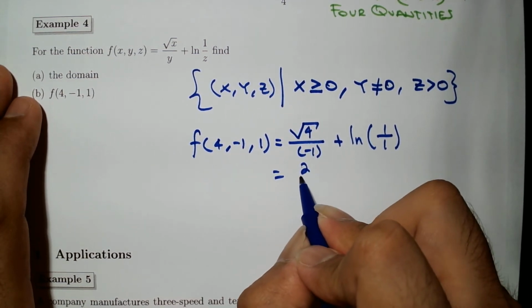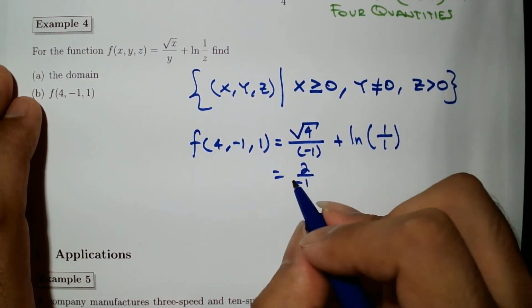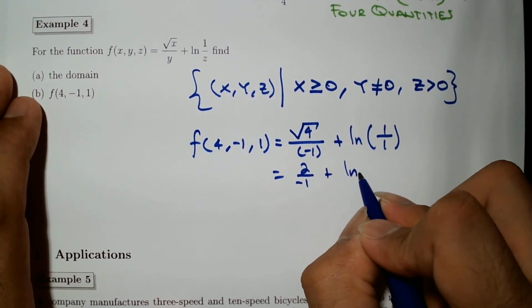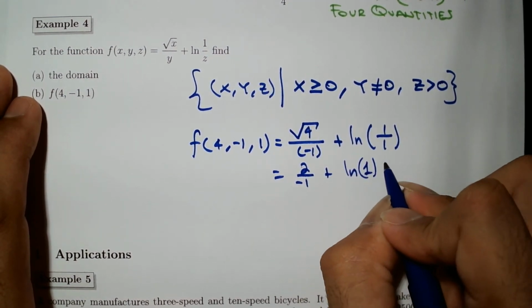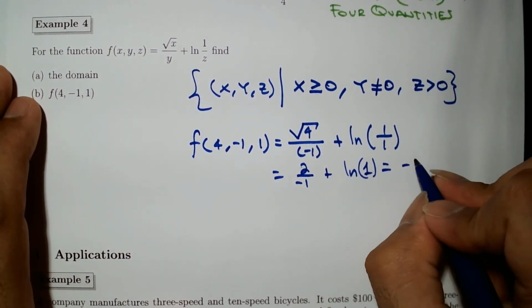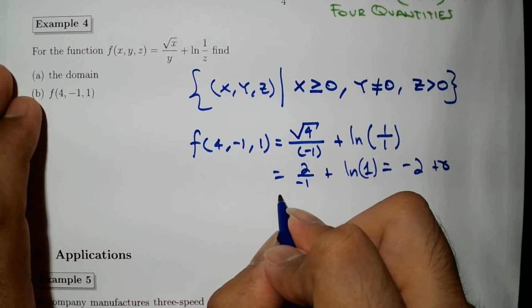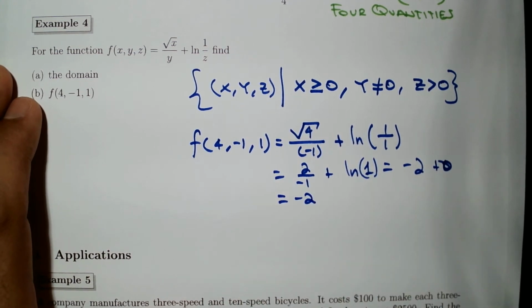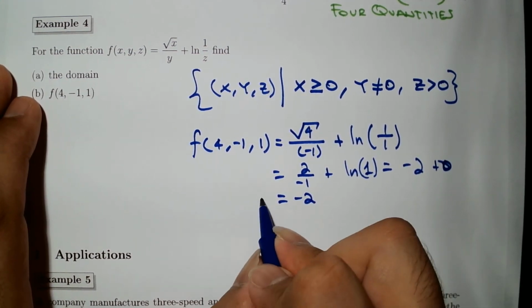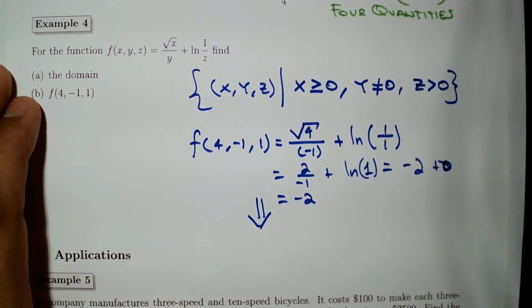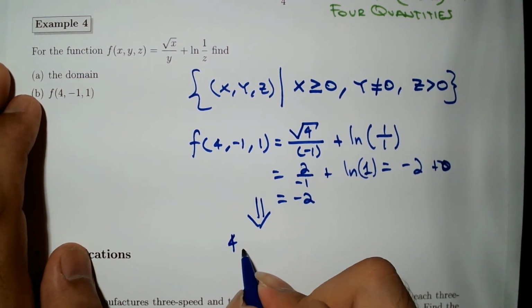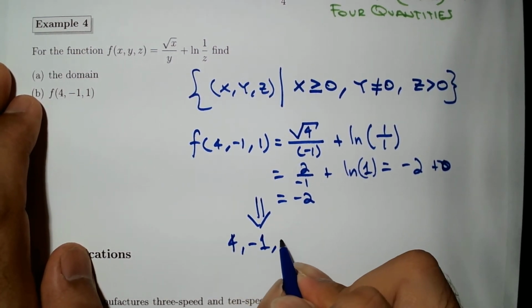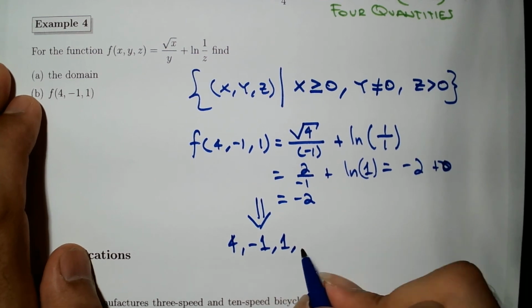That's going to be -1 again, plus ln of 1. But what's ln of 1? ln of 1 is 0, so this is going to be -2 plus 0, which will be -2. So this will give rise to the ordered quadruple for -1, 1, -2.